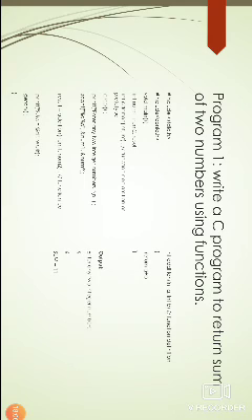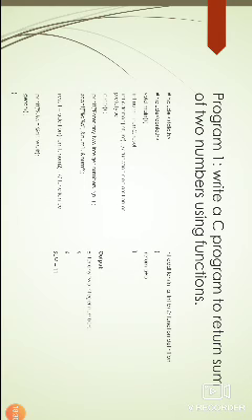So now the compiler will go to the function definition, that is int addition int a comma int b. Here int a and int b are the formal parameters, and here a contains 5, b contains 6. So here we have a statement that is return a plus b.